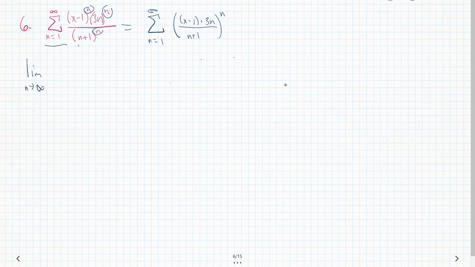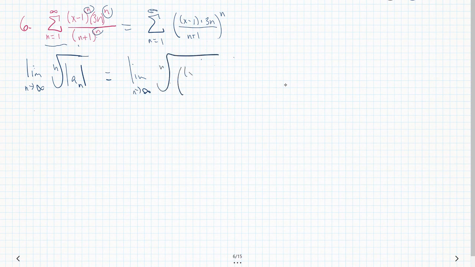So this is the limit as n goes to infinity, once again, of the nth root of the absolute value of a sub n. So this is the limit as n goes to infinity of the nth root of x minus 1 times 3n all over n plus 1, and it's raised to the nth power.